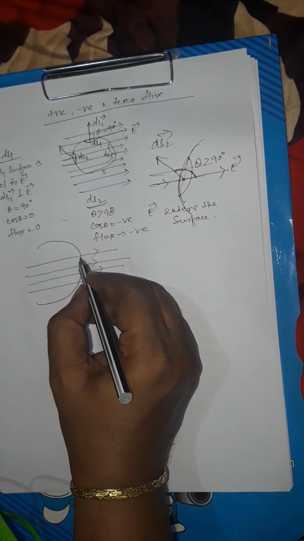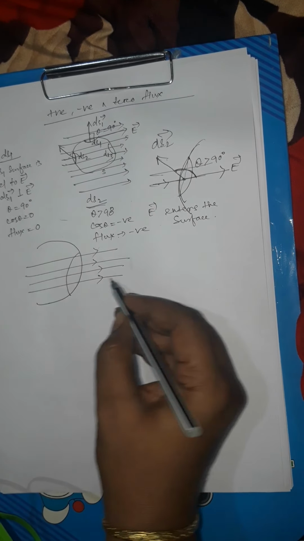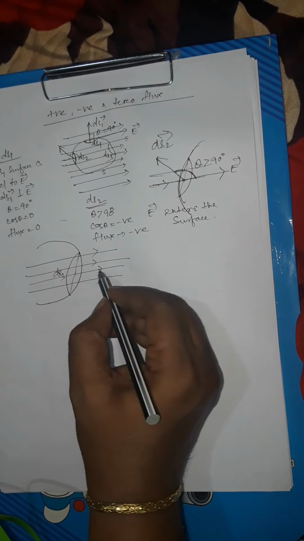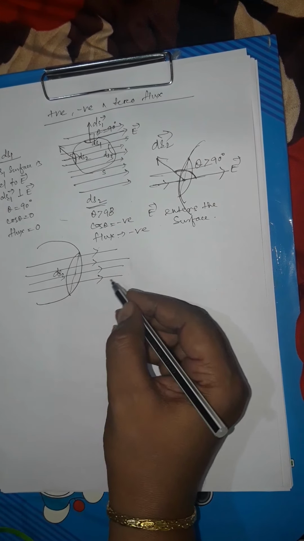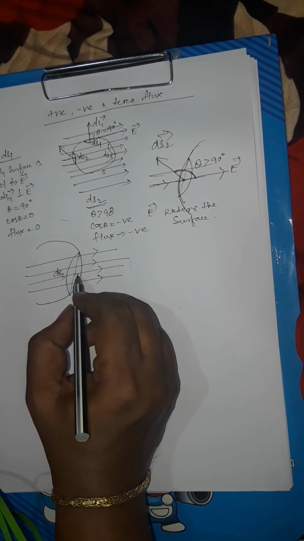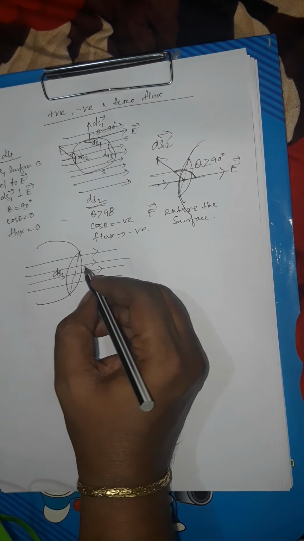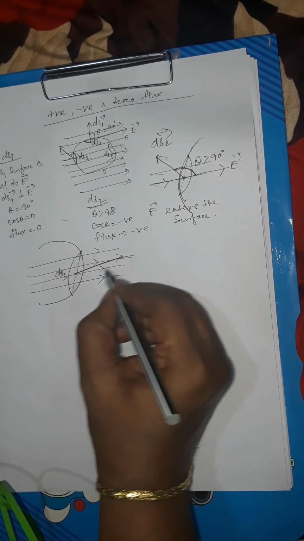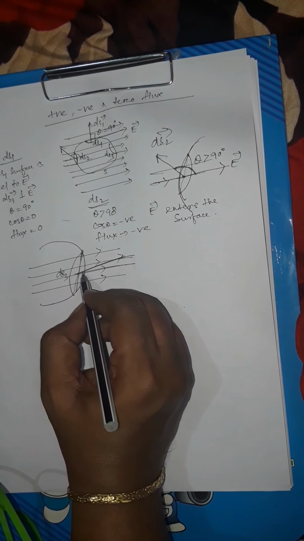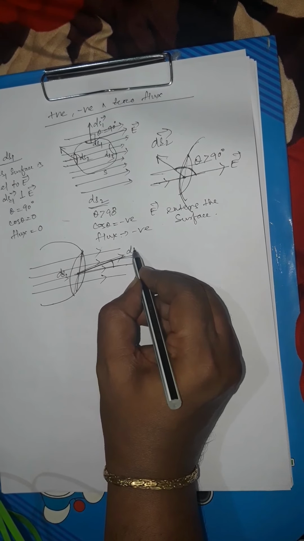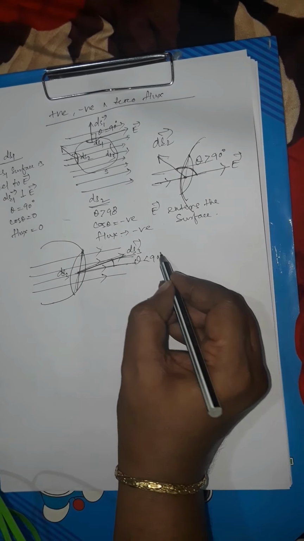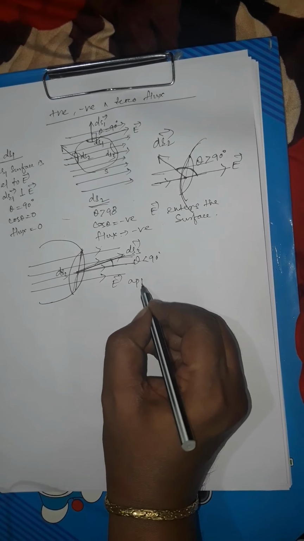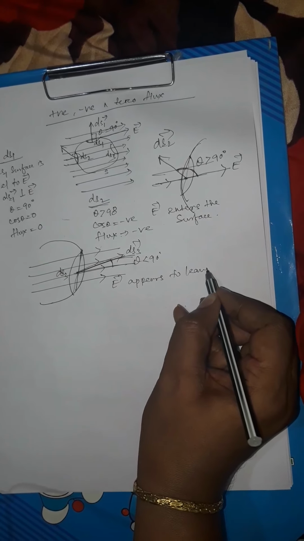Now when you consider ds3, you can draw the normal, and this theta is less than 90 degrees. The electric field appears to leave the surface.